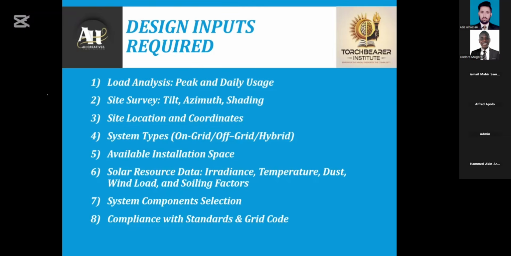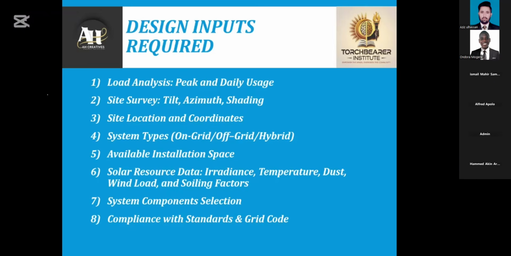Also, doing a site survey. A site survey is very important to identify the location of the site, and also to understand how the roofing is. If you're doing a roof mounting system, you understand the azimuth angle, the tilt angle, and the shading, because all these affect the output of a solar system, and also the site location and coordinates.